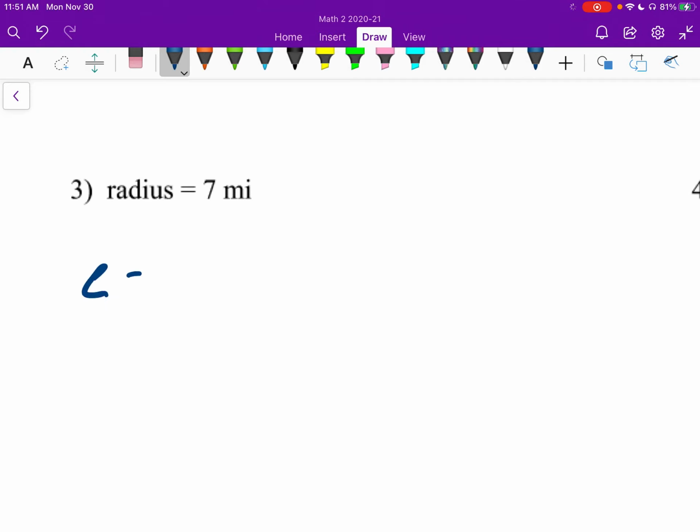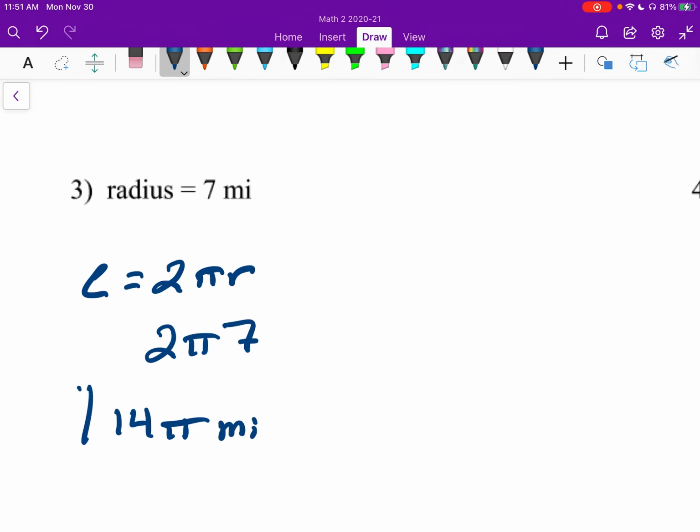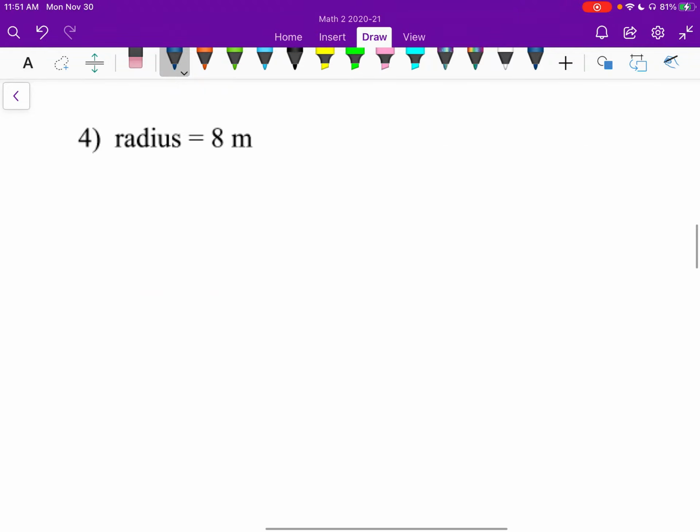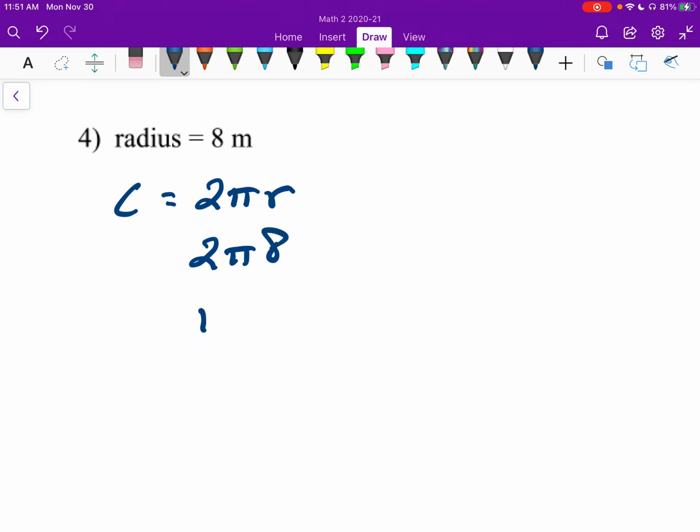So we're going to use the same formula as above, 2 pi r, so 2 pi 7, 14 pi, and our units are miles. Number four, again our radius is 8, so circumference is 2 pi r, so 2 pi 8, 16 pi meters.